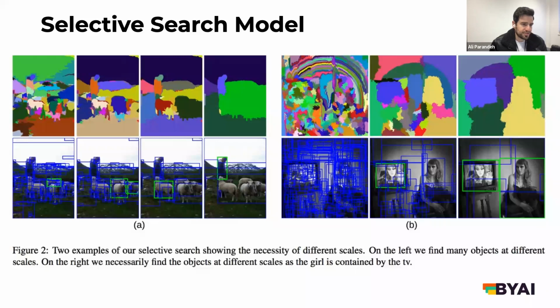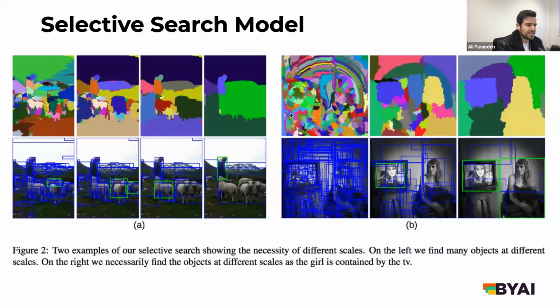It uses edge detection and other pieces of information in the image, and at different resolutions it groups similar parts of the picture together, and then comes up with smaller, finer bounding boxes, much bigger bounding boxes, and very large bounding boxes that could represent a whole object, as you can see here.